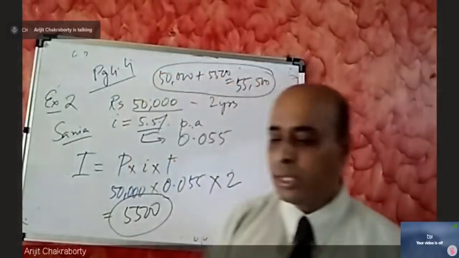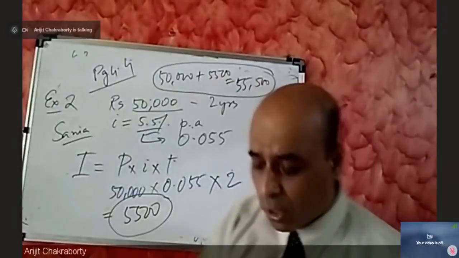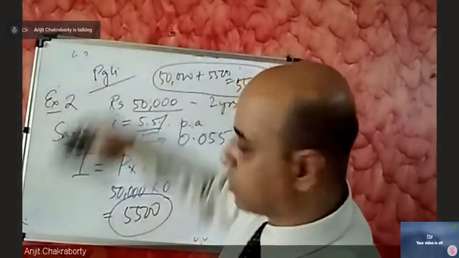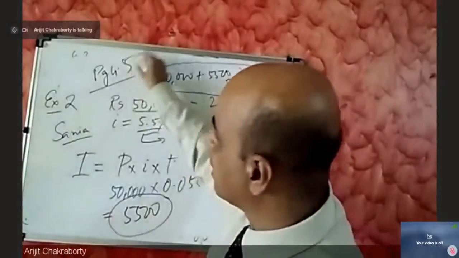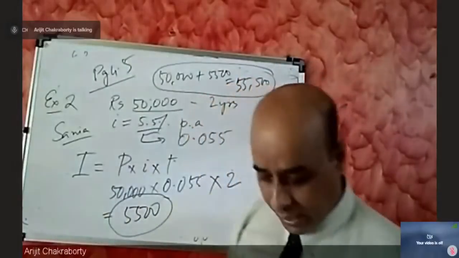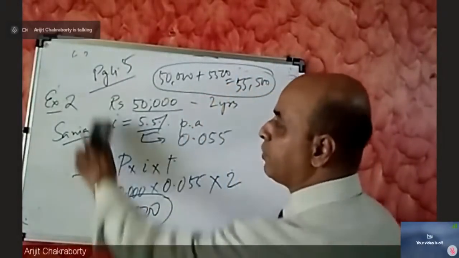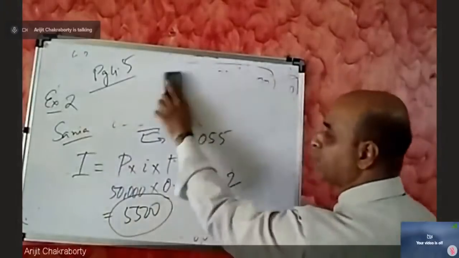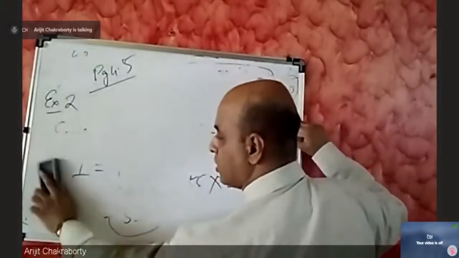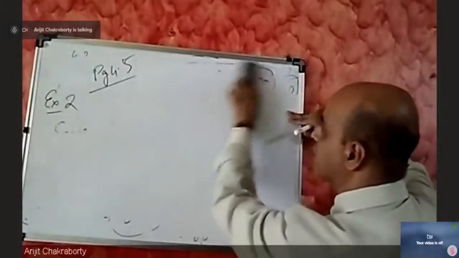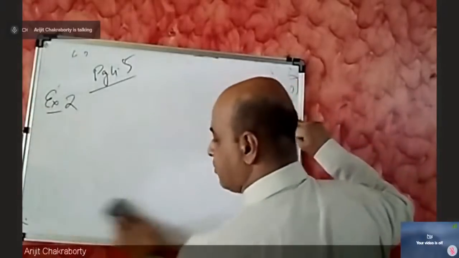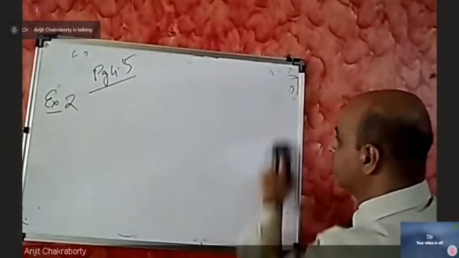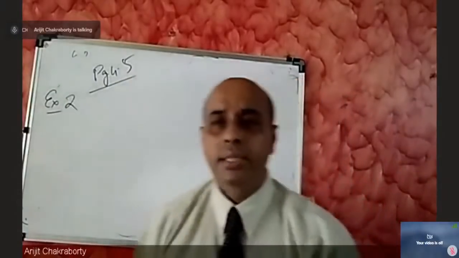Now we move on to page 4.5, example number 3. Let's go on to page 4.5. Okay. Now, again a different question. Please do it with me and let us clarify our understanding of the first part of this important chapter on time value of money. You can see this chapter is starting.